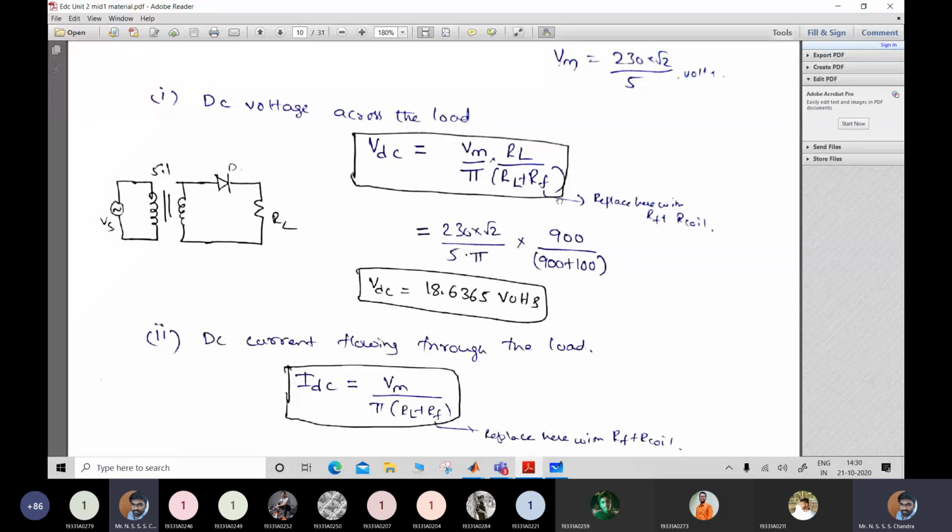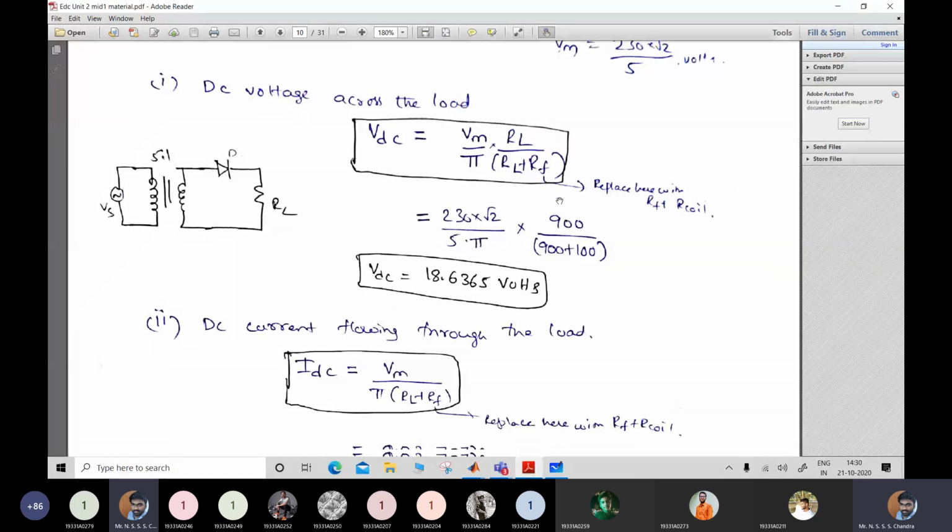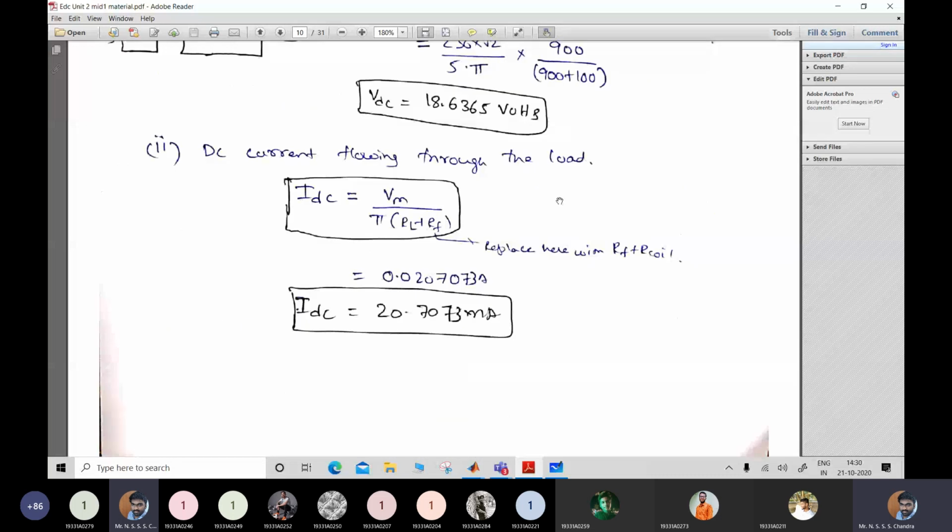So the only difference between the theory part and here is that we are not neglecting that RF quantity. Instead we are replacing it with the value given in the question. Everything else will remain the same. We are simply avoiding neglecting the term RF. We are including that RF term also. In place of RF we have to write RF plus R coil, that's it.